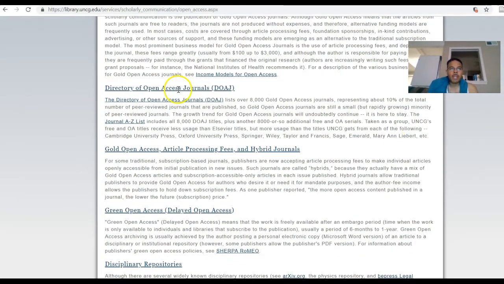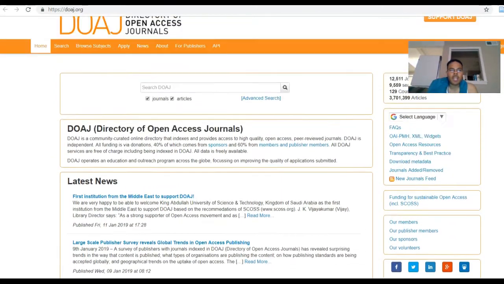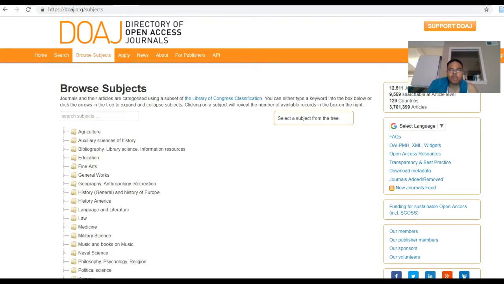So one thing that you will want to also be mindful of, and this list is growing all the time, there is the Directory of Open Access Journals, DOAJ, and let's just take a quick look at that so you can see what their homepage looks like. This is the Directory of Open Access Journals, and if you have the time, I would love for you all to just hop on and take a look at this. You've got multiple subjects.